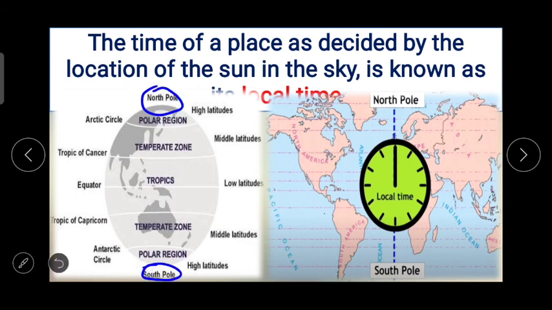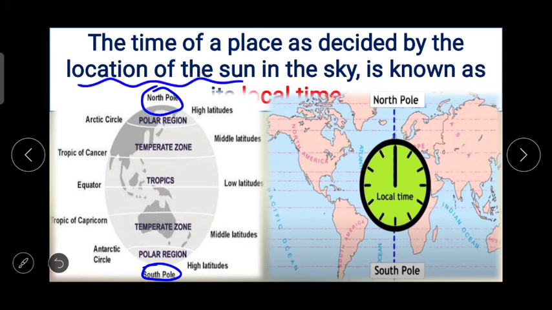Again I am repeating the sentence: the noon time is the same at any given longitude. किसी भी दिए हुए longitude पे ये same है across the earth, that is from North Pole to the South Pole. So the time of a place as decided by the location of the sun.